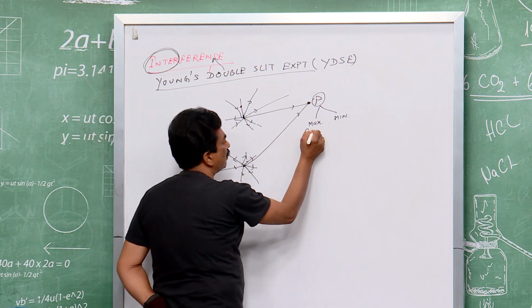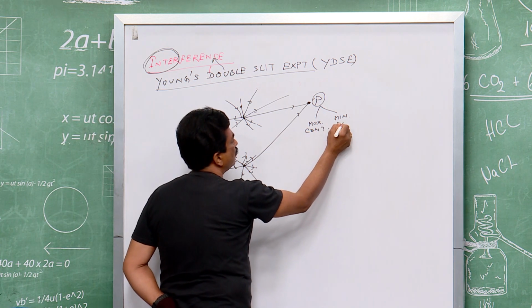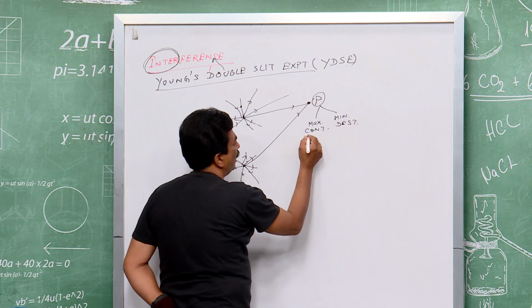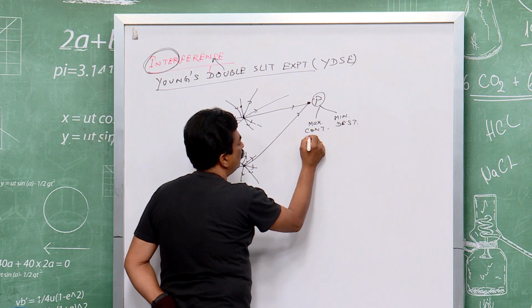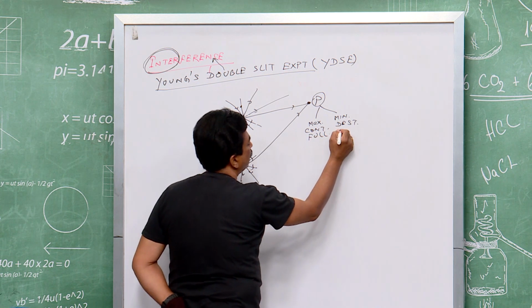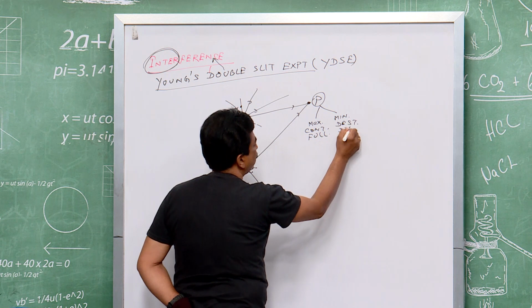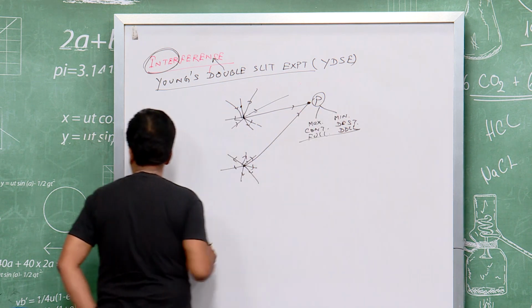Maximization is known as constructive and minimization as destructive, also called maxima and minima, the full one or the dull one. These are the names given.